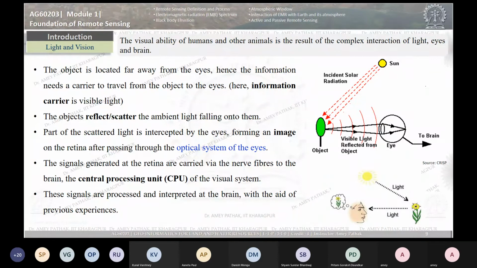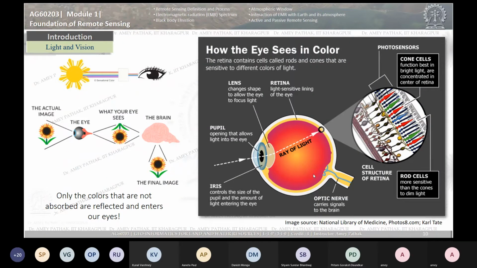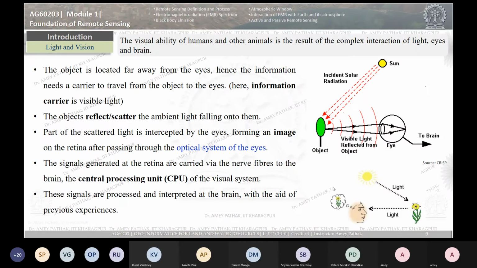Based on that, the brain makes some interpretation about what kind of object is there, whether it is moving or static, or what kind of signal it is reflecting back. Based on that, we perceive the information. For our eyes it is just an image, but for our brain it is a plant. You understand, right? What is the difference between data and information?